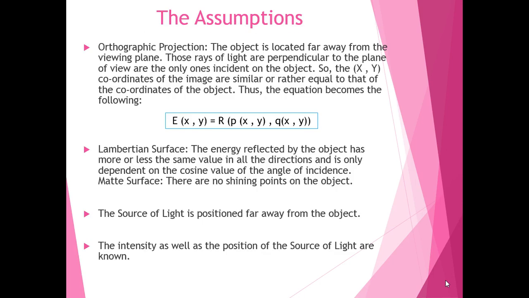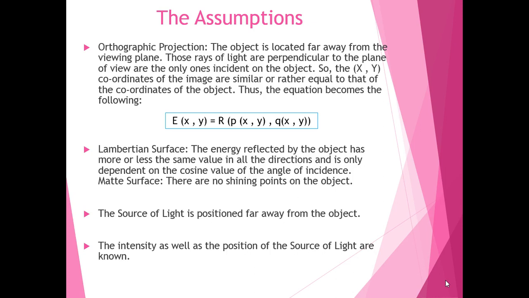Now coming to the assumptions that have been taken into account for the project. First, we have the orthographic projection. It has been assumed that the object is located at a position which is far away from the viewing plane. Those light rays that are perpendicular to the plane of view are the only ones incident on the object.